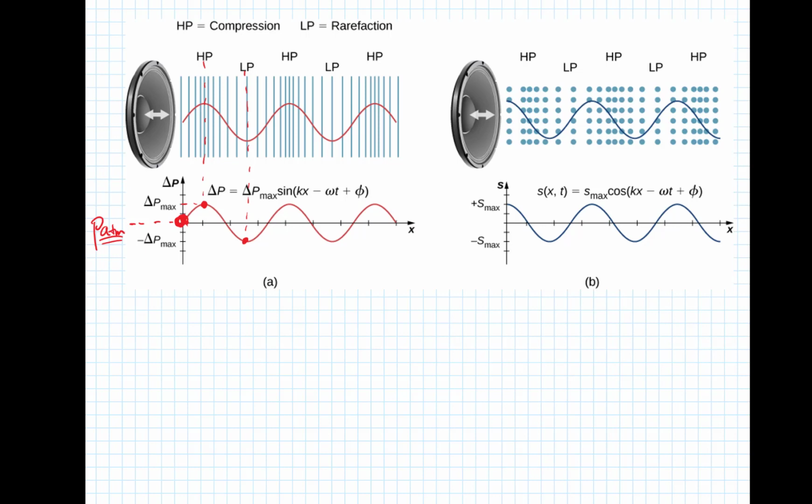And similarly on the blue graph, you can see for the same traveling sound wave, you can write the position of these air molecules or fluid elements of the air as they oscillate back and forth, S, as a function of its position x along the tube. So both graphs are snapshots in time of the sound wave.